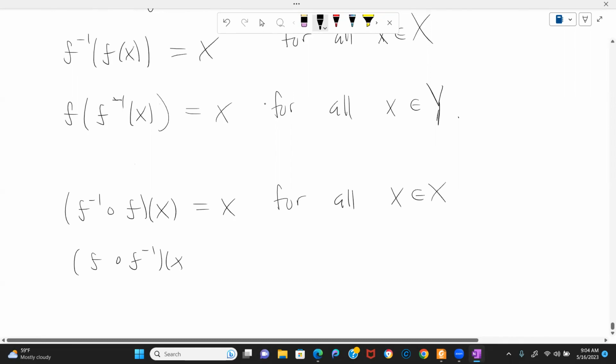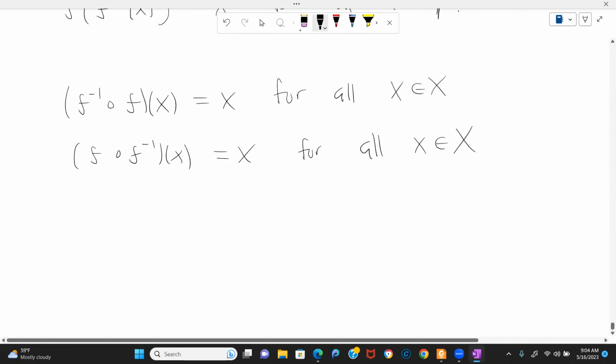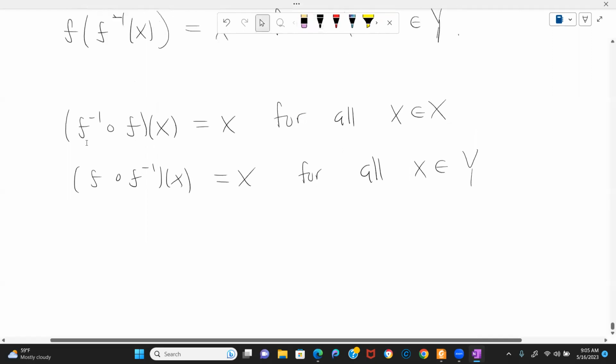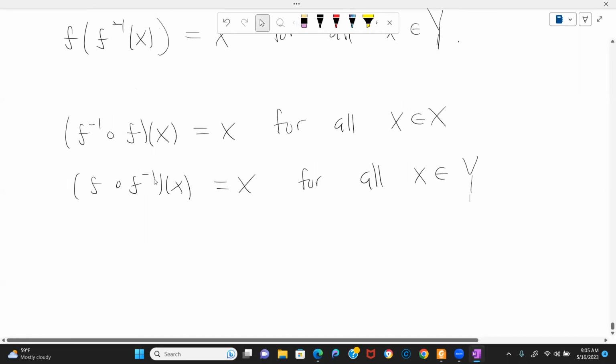f of f inverse of x is equal to x for all x in Y, I should say. So x and y, and this says that when you compose these functions in either order, they undo each other. It takes an input and sends it back to itself. It doesn't do anything to the input. It doesn't transform it in any way.